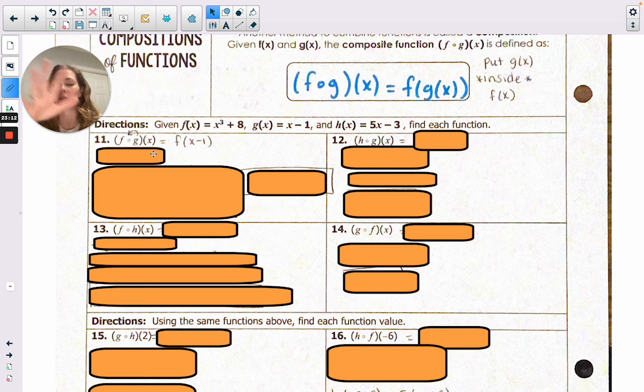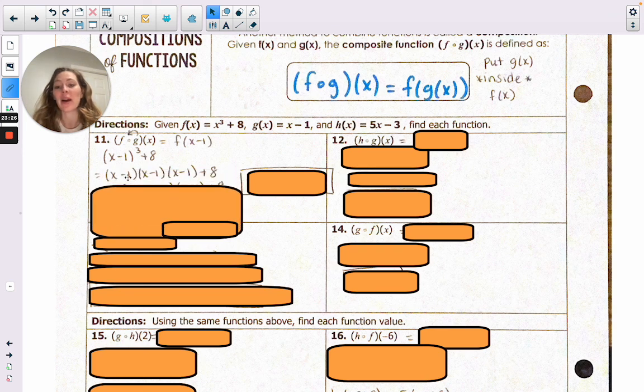These are probably the most tricky for students. So there's only x right here being cubed, so really it's going to become x minus 1 cubed. And then plus 8 because that's part of the f function. Now what this means is you're going to do x minus 1 times x minus 1 times x minus 1. And then plus 8 at the end.